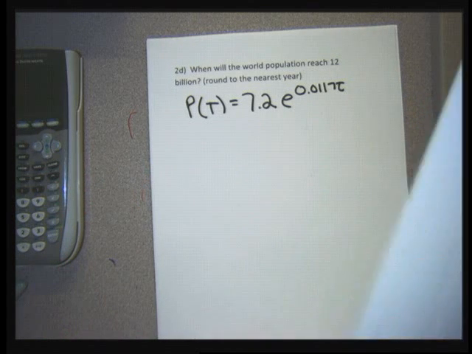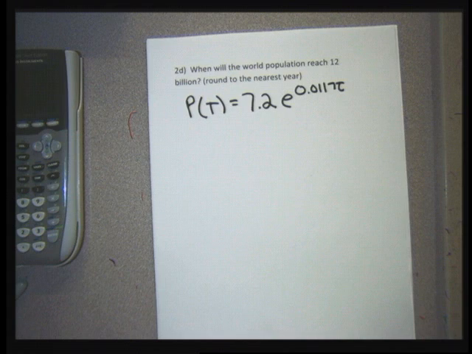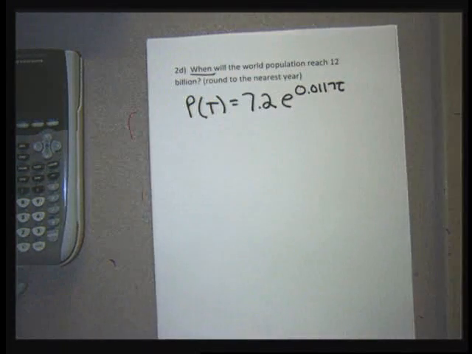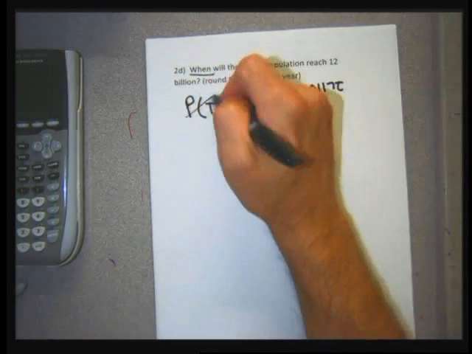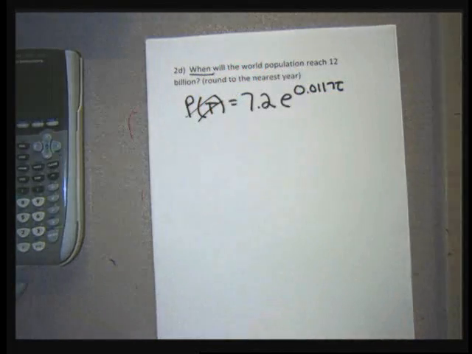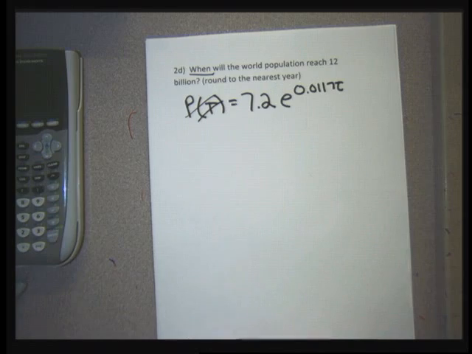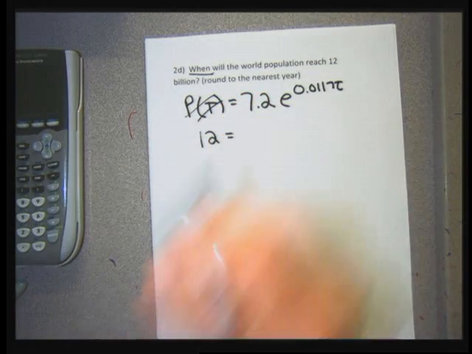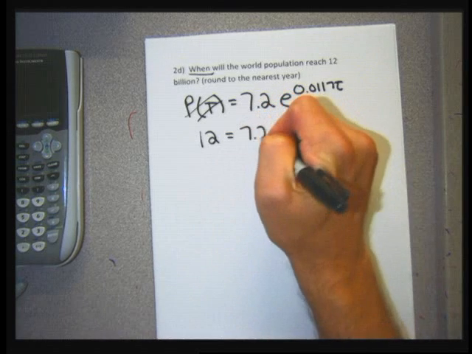The question is, when will the world population be 12 billion? When it says when, that means I'm solving for t. What I'm going to do is change the population, the left side of the equation, to 12, and 12 will stand for 12 billion. So to do part D, I'm going to put 12 billion in for the world population and solve for t.